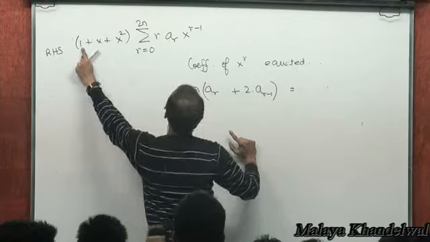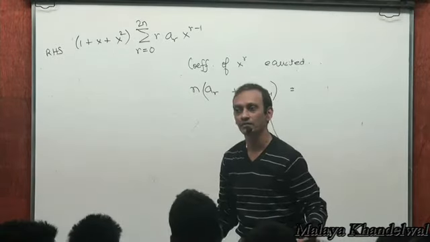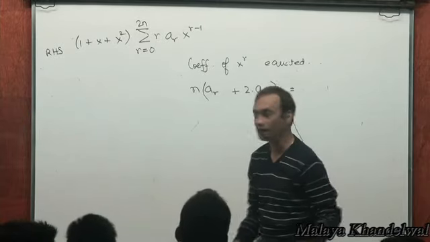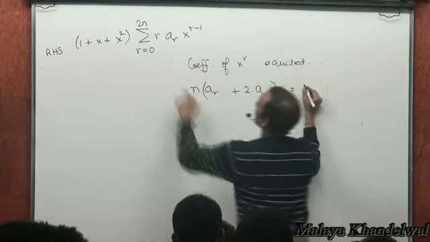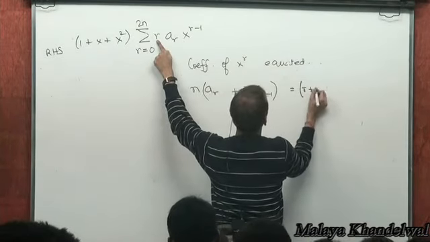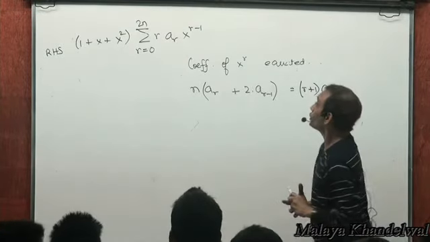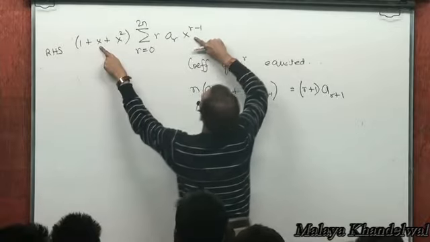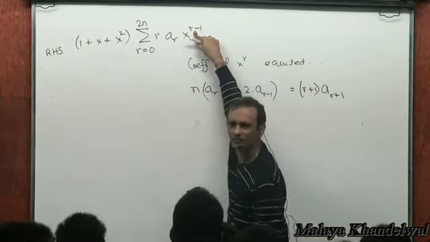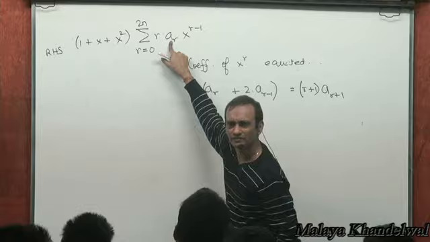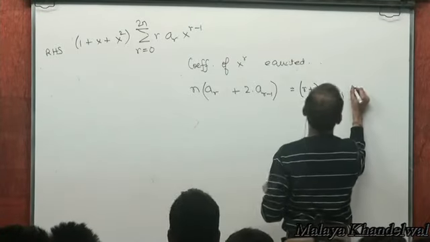Which when multiplied with 1 will give me x^r. Yes or no? So one way to get it is (r+1) A_{r+1}. Now x would have to be multiplied with this only to give me x^r. So that will be r A_R.